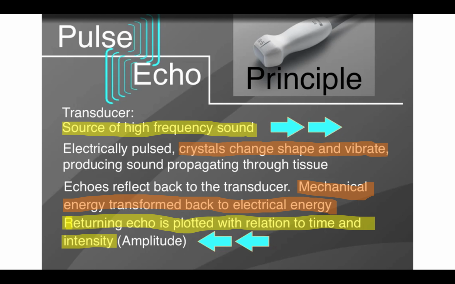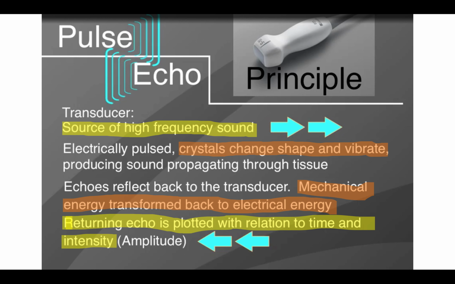How does this work? It's pretty complicated, but if we really simplify, we can imagine it like this. The transducer that has piezo crystals is a source of ultrasound, and the same transducer receives echoes back. When electrically pulsed, those crystals change shape and vibrate, producing sound propagating through the tissue.